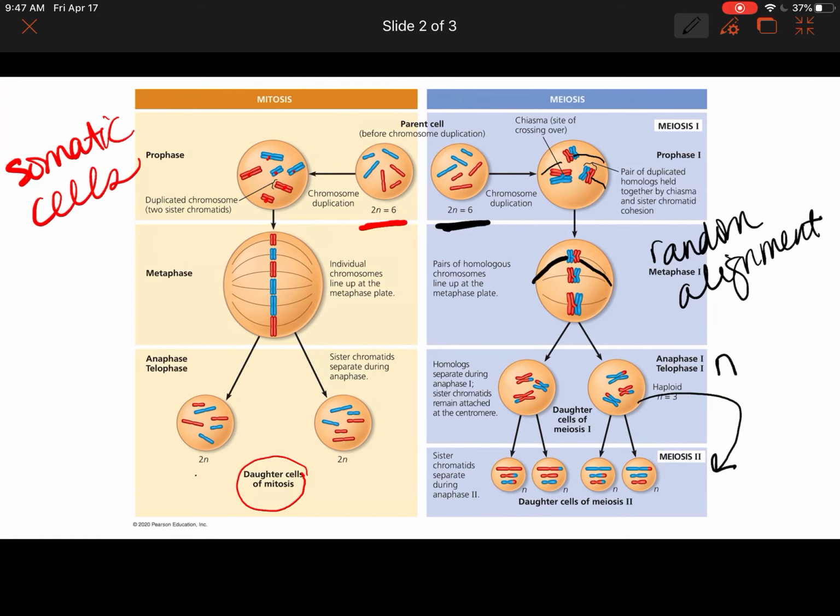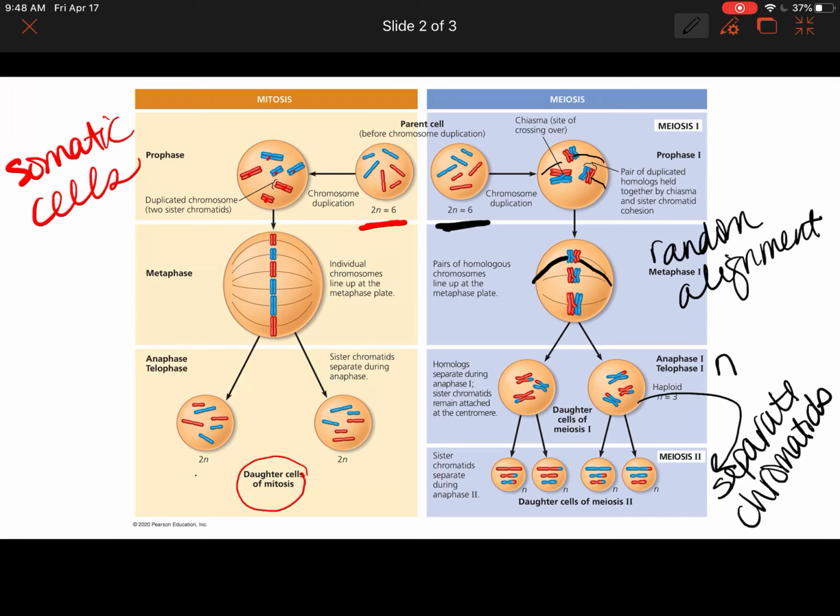Well, then each haploid cell enters meiosis 2, which is subdivided into prophase 2, metaphase 2, anaphase 2, telophase 2, and cytokinesis. The goal of meiosis 2 is to separate the chromatids.